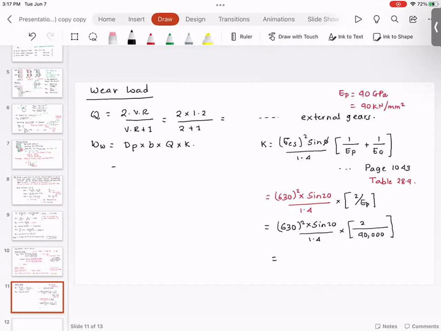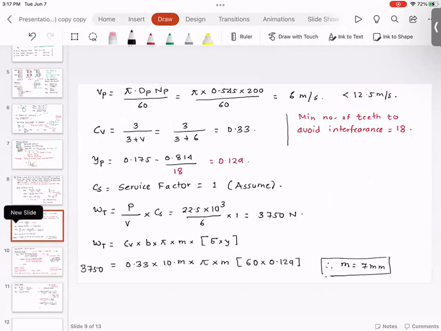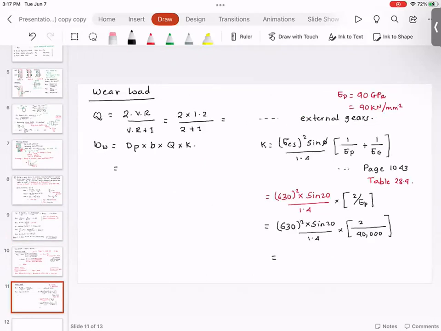dp is the diameter of the pinion, which is 545. What is the value of q? 2 times 1.2 divided by 3, and the value of k.